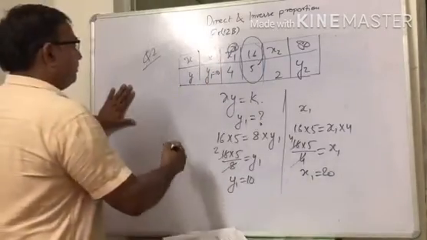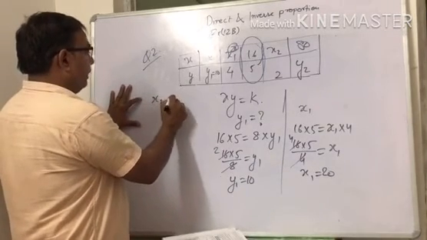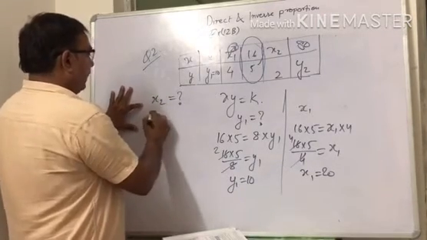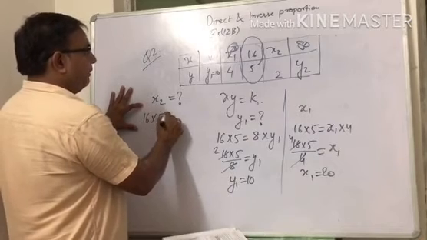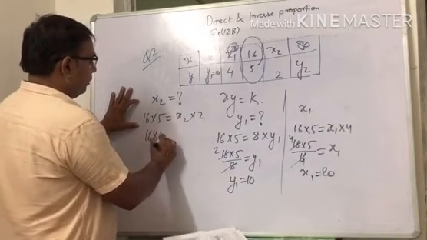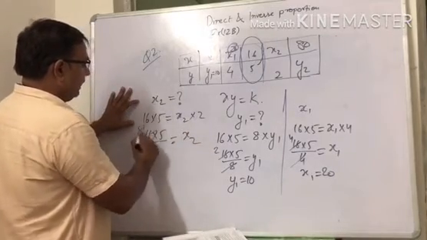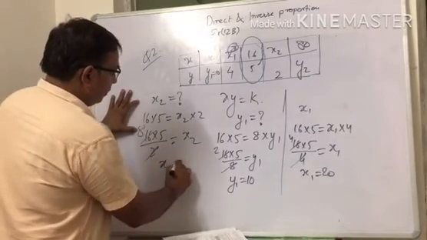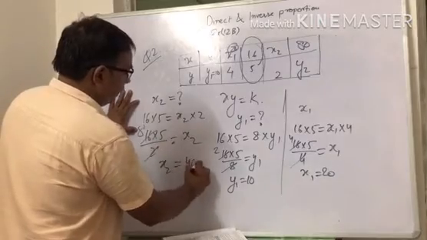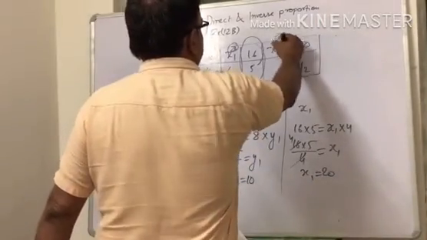Now third, x2 is equal to question mark. Then again we use 16 times 5 is equal to x2 times 2. You can transfer 2 to this side and check x2. So this is cancelled. It is 8. So x2 is equal to 8 fives are 40.